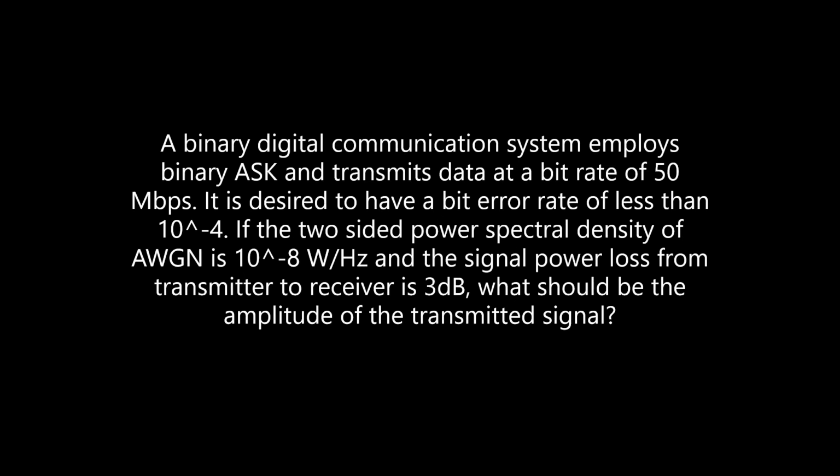It is desired to have a bit error rate of less than 10 power minus 4. If the two-sided power spectral density of additive white Gaussian noise is 10 power minus 8 watts per hertz, and the signal power loss from transmitter to receiver is 3 dB, what should be the amplitude of the transmitted signal?